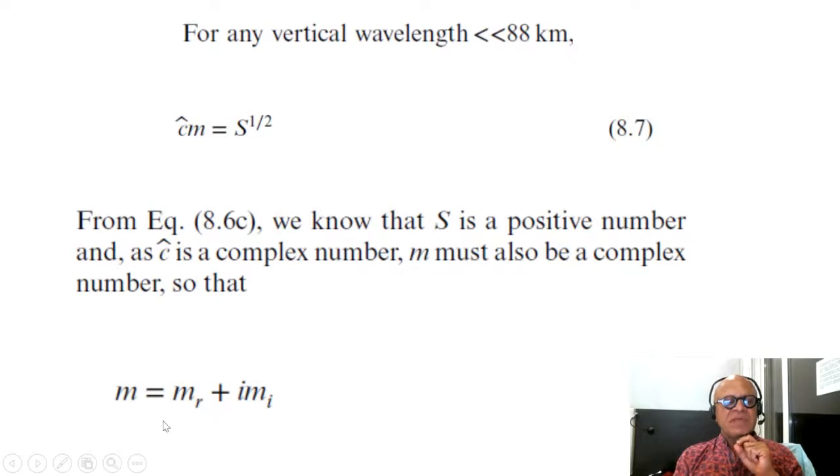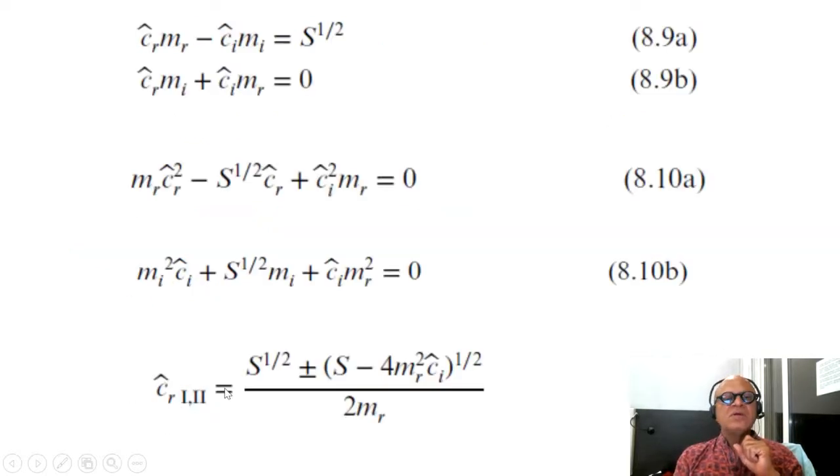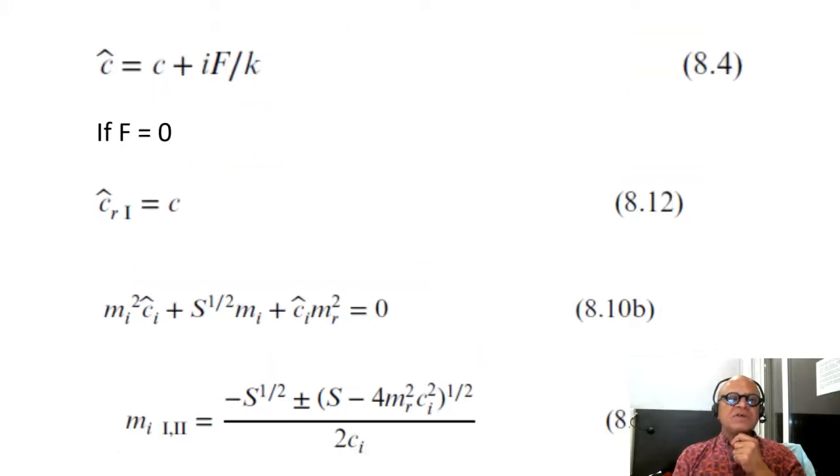So m can be written as a real part plus a complex part. You can do some manipulation and get the equations for the gravity wave speed for mode 1 and 2 instead of in terms of the vertical structure and vertical wave numbers.